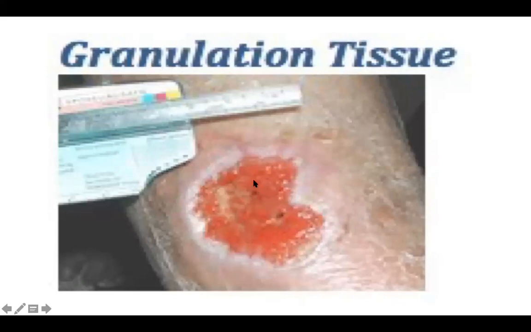Just look at the difference between this side and this side. Here, the wound is whitish, like it is having pus. This area is going to have delayed scar formation because there is no granulation tissue here. But this area, which is red and pinkish, has granulation tissue, and at any moment in time, the scar is going to be deposited on this red area.